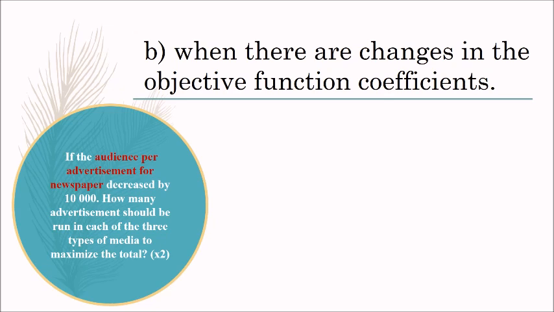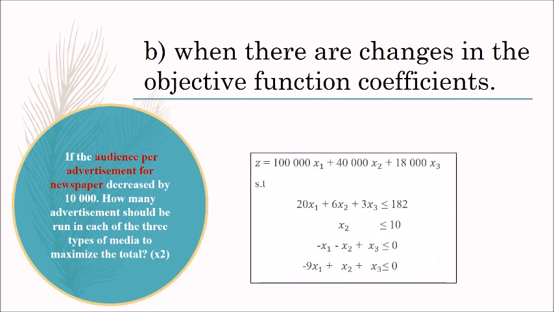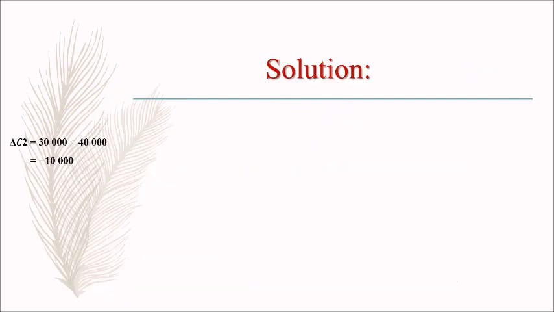From this question, the key point is audience per advertisement for newspaper, which refers to variable x2. Since the audience decreased by 10,000, the new C2 will be 30,000. So to find the delta C2, 30,000 minus 40,000, and we will get negative 10,000 as delta C2.